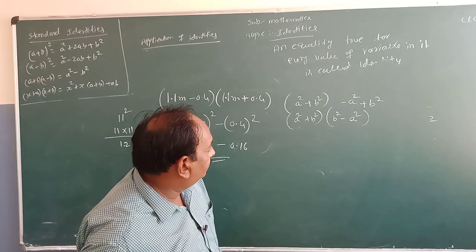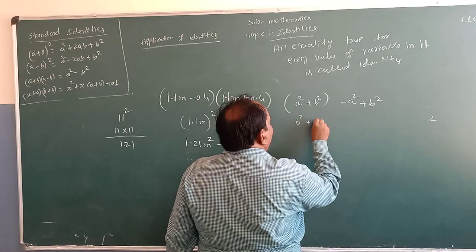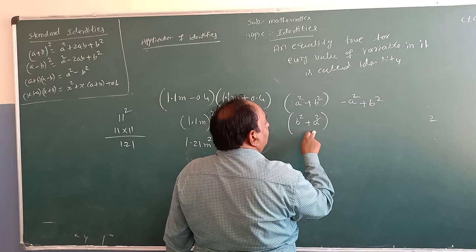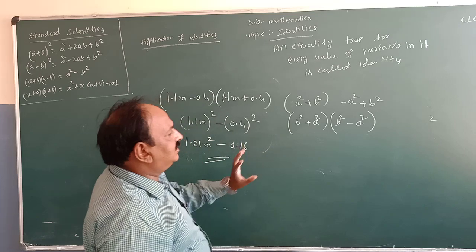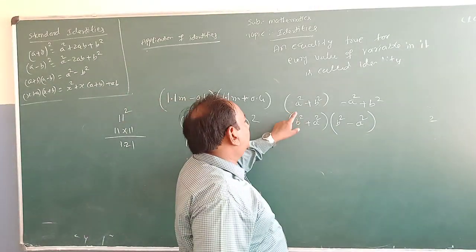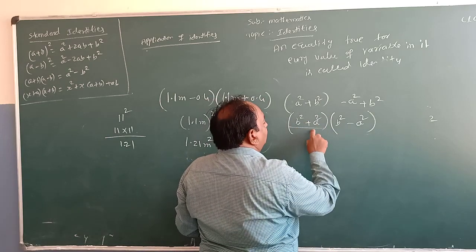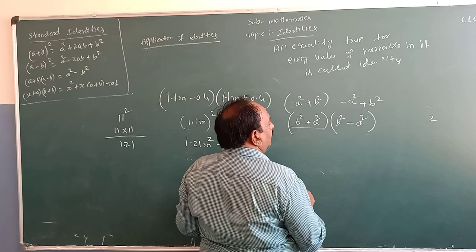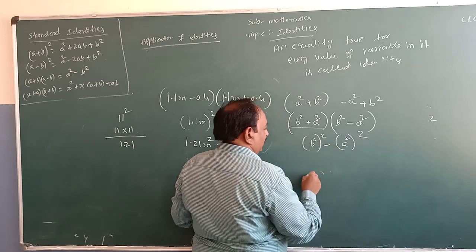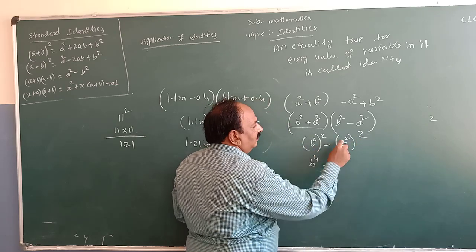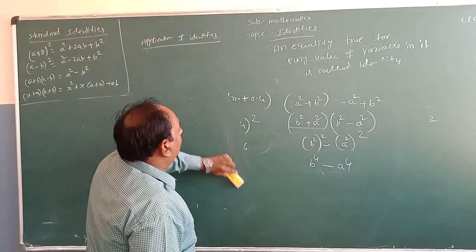So we write like this: (b² + a²)(b² − a²). No change of sign. This is of the form (a² + b²)(a² − b²), so (b²)² minus (a²)², b to the power of 2 2s are 4: b⁴ − a⁴.